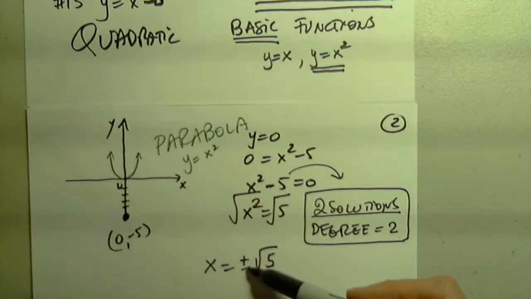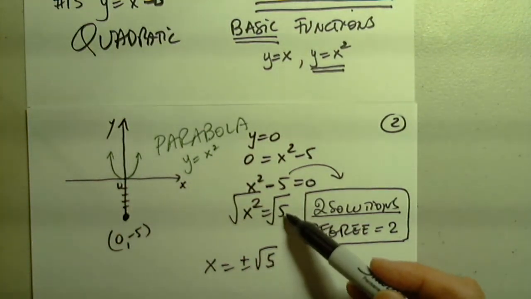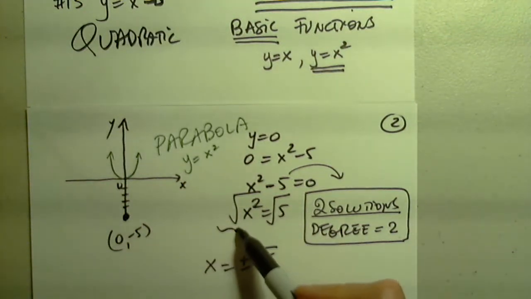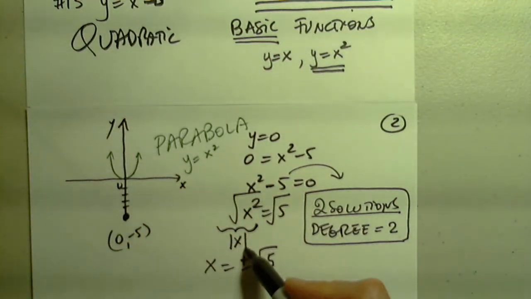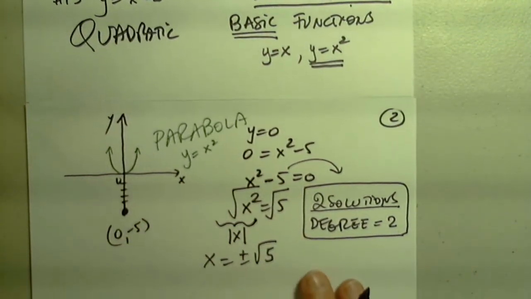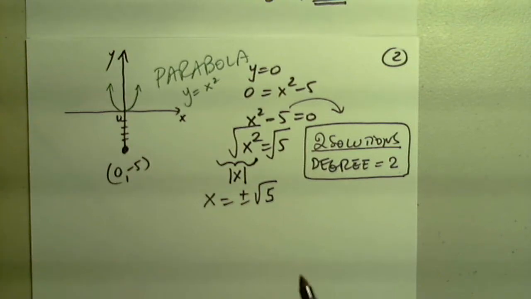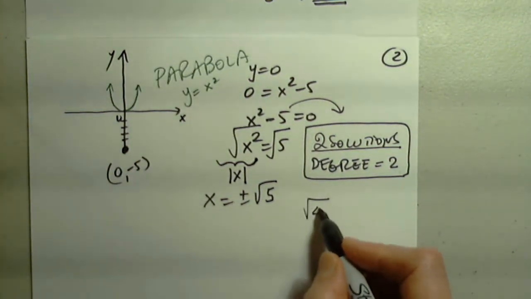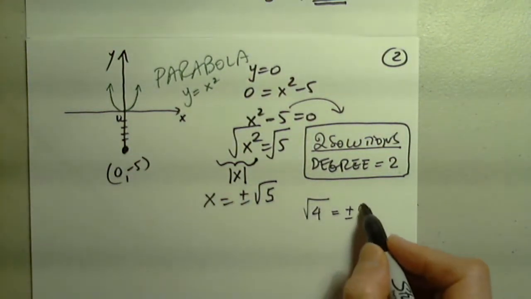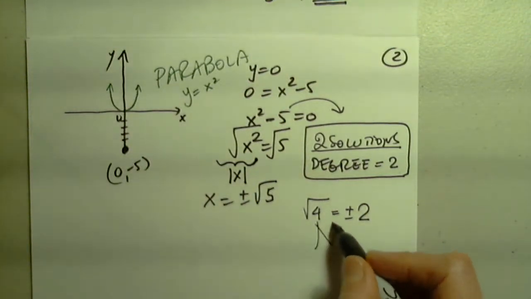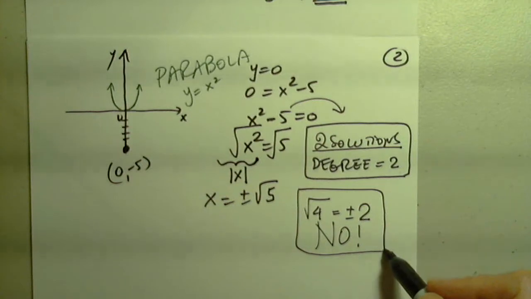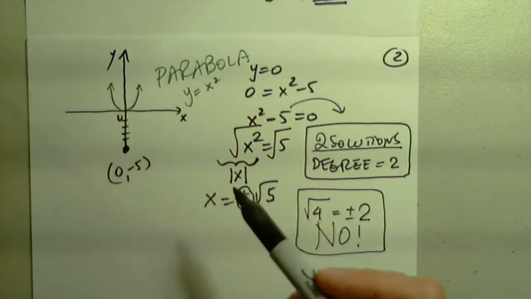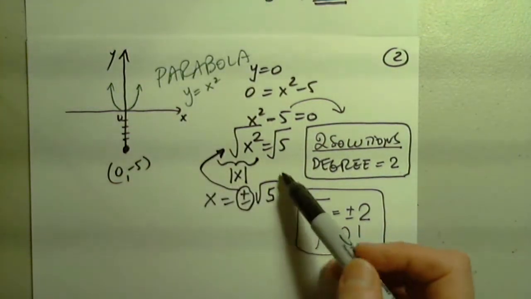But remember, the plus or minus does not come from the square root of 5. It comes from here, because this is basically the absolute value of x. Many of my students say that the square root of 4 equals plus or minus 2. No. Plus or minus comes from this side of the equation, not from this side.